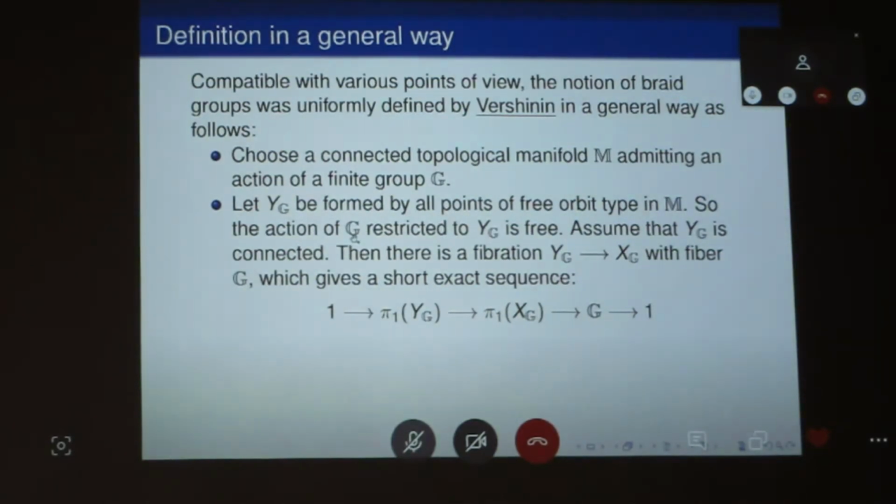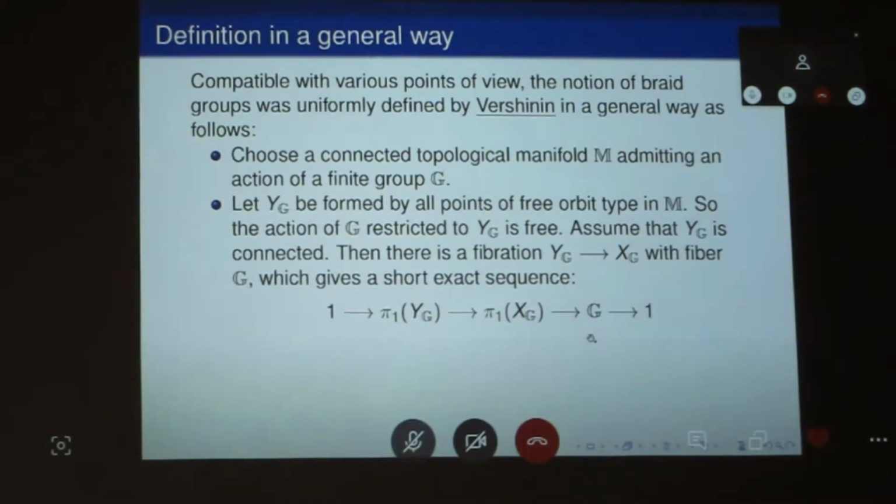In this case, the action of the group on this space is free. Suppose this space is connected, then we have the fibration with the fiber of this group.